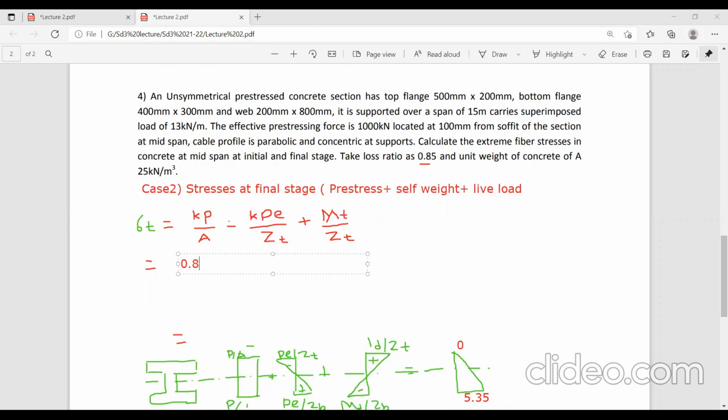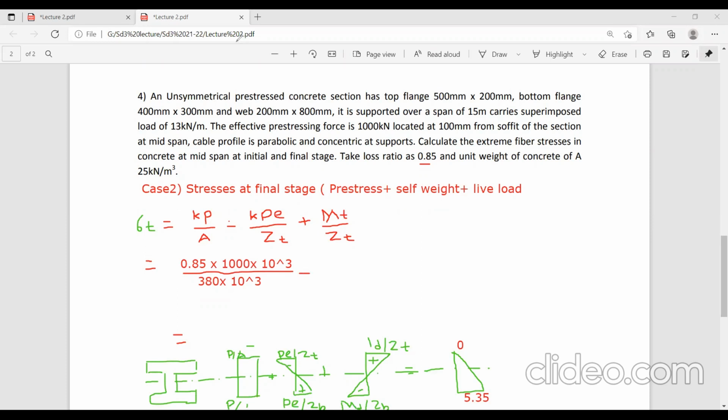Loss ratio 0.85 into 1000 into 10 raised to the power 3, divided by the cross-sectional area of the beam, 380 into 10 raised to the power 3.